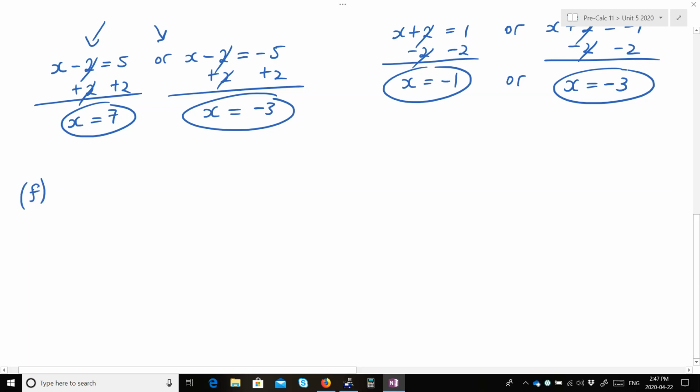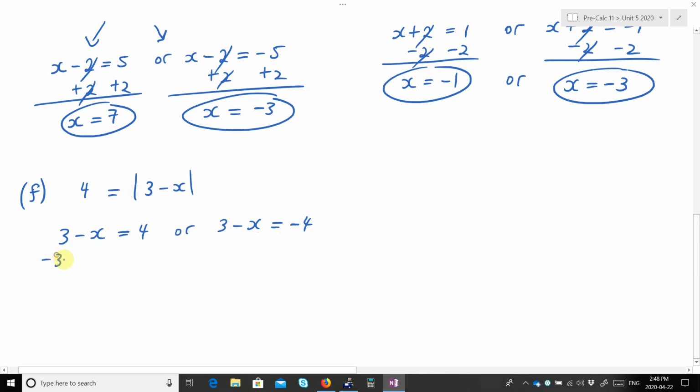Here's letter F. 4 is equal to the absolute value of 3 minus x. So the 3 minus x could work out to 4, or since it's in absolute value bars, the 3 minus x could work out to negative 4. In which case, this time we get negative x is equal to 4 minus 3, which is 1. Divide both sides by negative 1, and we will get x equals negative 1.